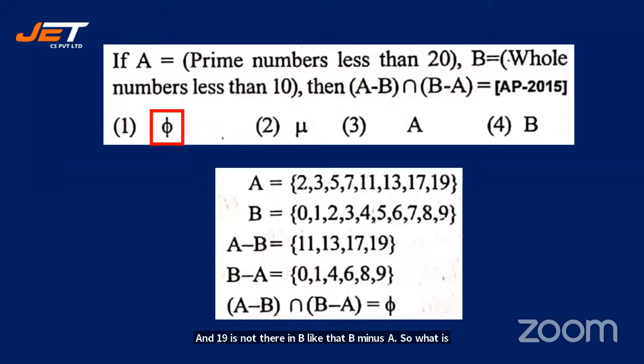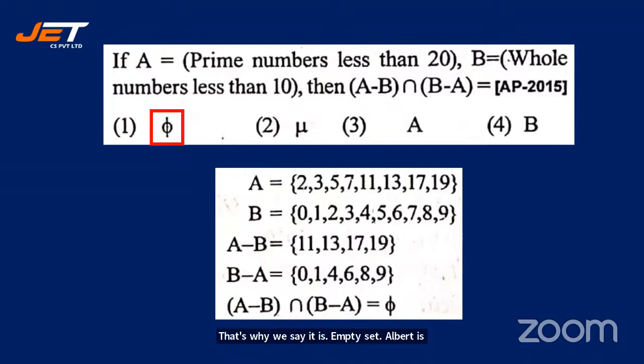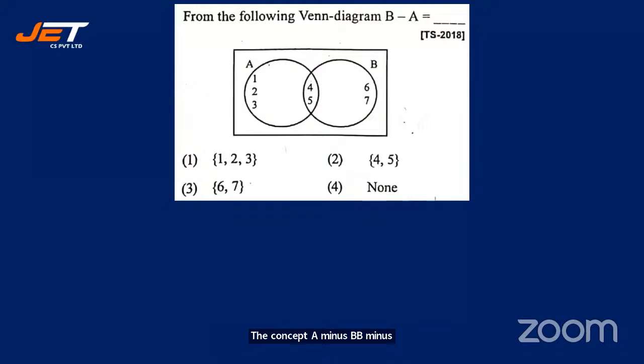So just find out. And the intersection between these two is nothing. Right? So nothing is common between these two. That's why we say it is empty set. All right? Yes, excellent. Almost all of you gave me the answer. And please understand the concept A minus B, B minus A. All right, yes. See the next question.